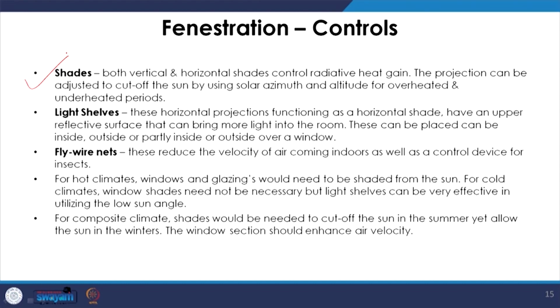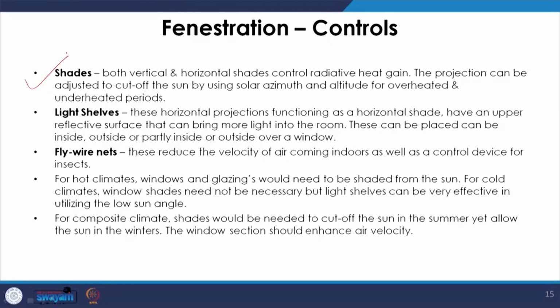Shading devices could be both horizontal and vertical, and I am sure in your climatology course you have already read about sun path diagrams and how to design shading devices, how to understand the movement of the sun and how to cut it down using horizontal as well as vertical devices. In today's times, these shading devices are of multiple types, not just fixed ones. We have moving ones, outdoor ones which are moving, indoor blinds which are moving, and so on. In addition to that, we have light shelves.